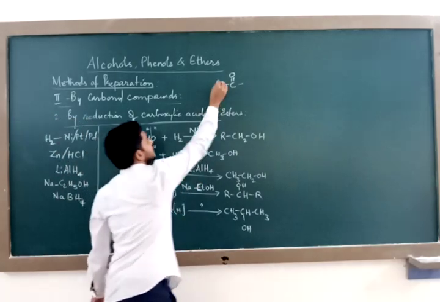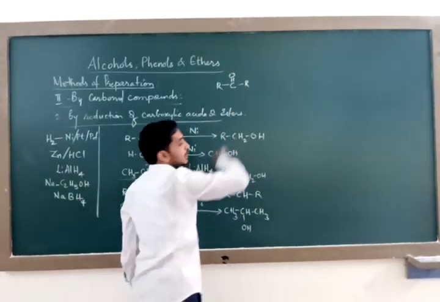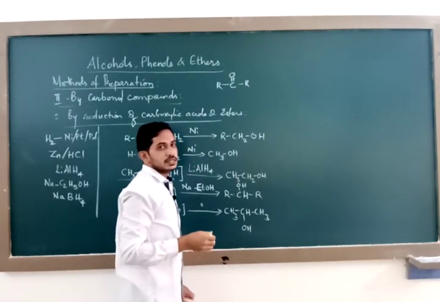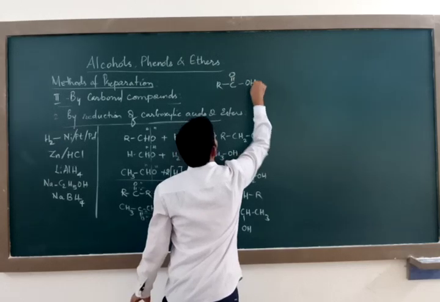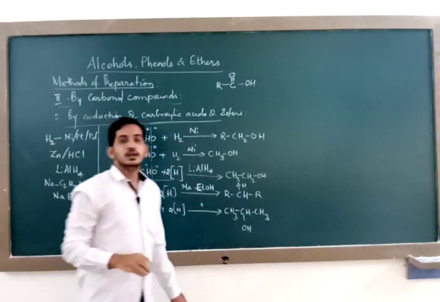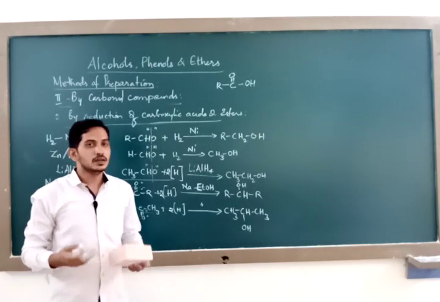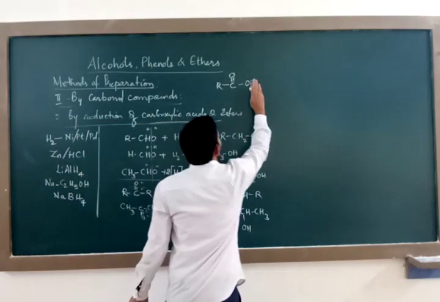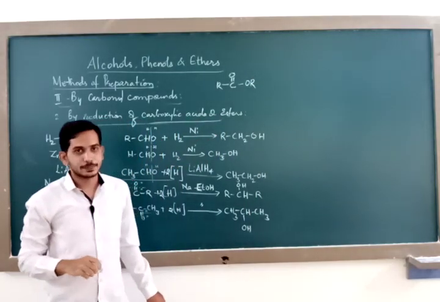If one side is R and the other side is H, it is an aldehyde. If both the sides are alkyl groups or aryl groups, then it is a ketone. Otherwise, if one side is an alkyl or aryl group and the other side you have a hydroxyl group, then we call such compounds carboxylic acids. If this hydrogen is replaced by an alkyl group, then we call these esters.